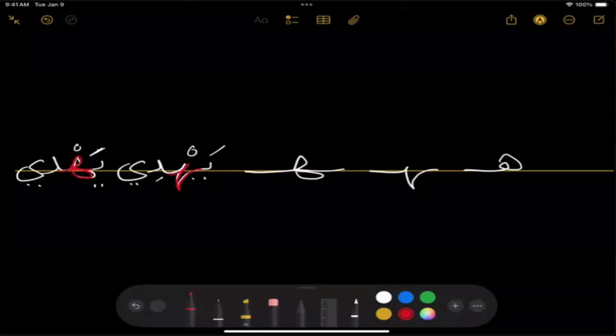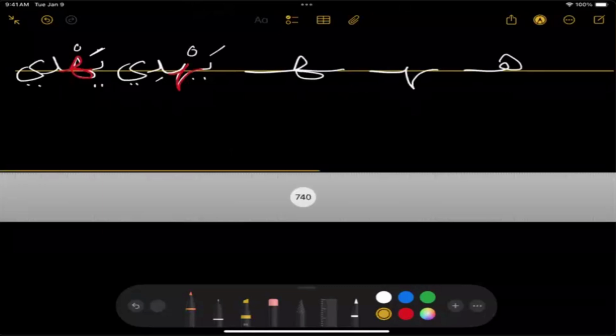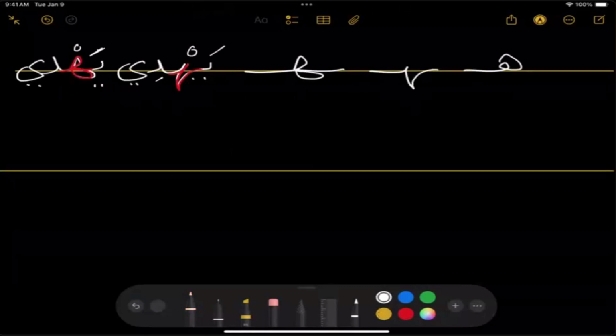And at the end, if it's connected, it has this shape. Notice the little crest up there on top.